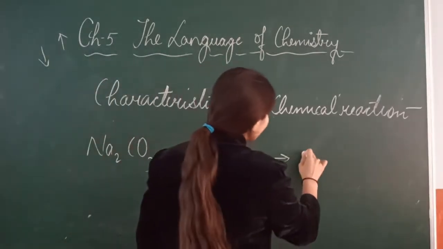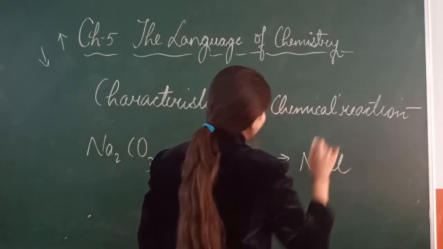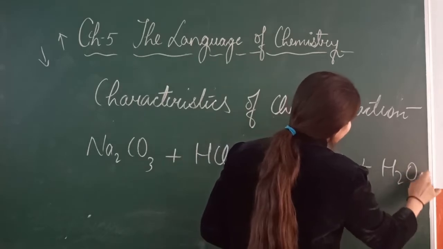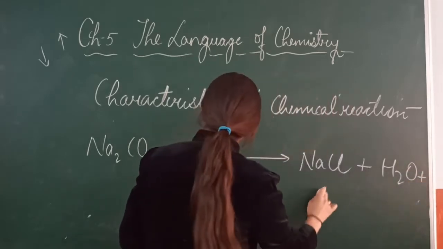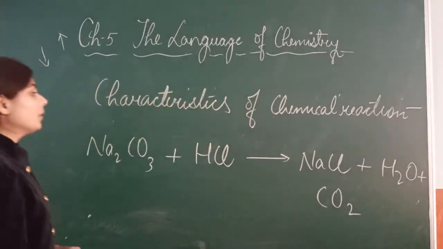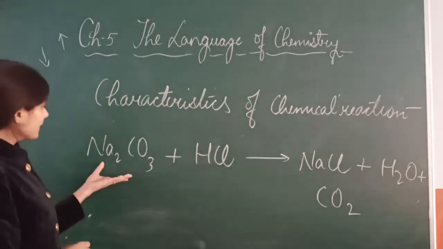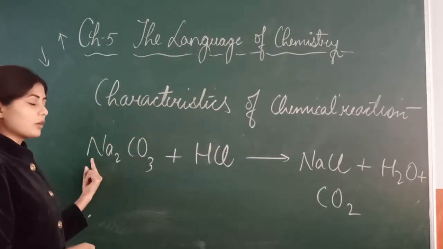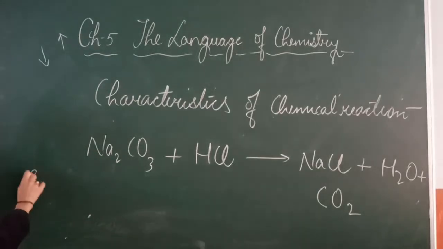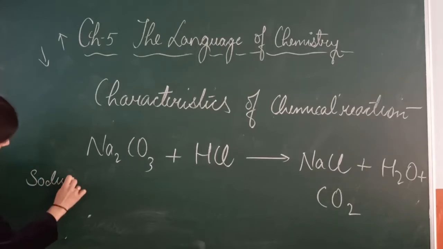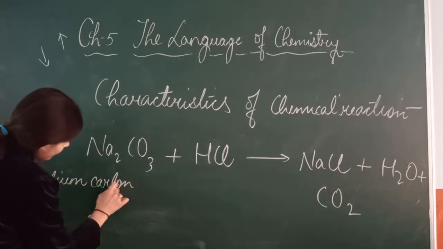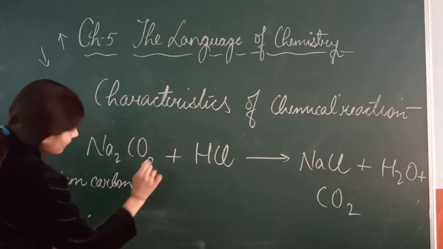It gives sodium chloride, NaCl, plus water, H2O, plus CO2, carbon dioxide. The formula of sodium carbonate is Na2CO3.